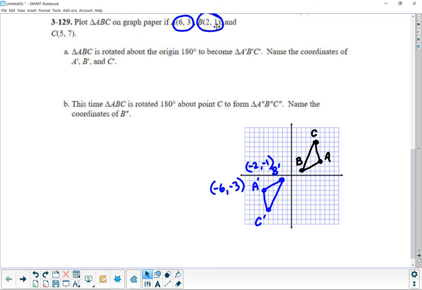And coordinate C prime is going to be -5, -7, which is exactly the opposite of 5, 7. All right. Okay, so that's part A. Get that down? I'm going to erase it. So pause it or rewind a little bit.